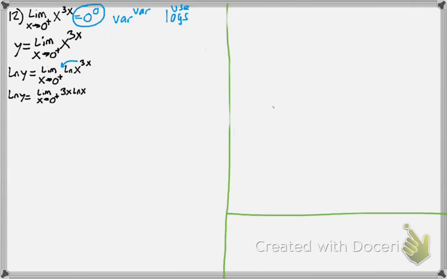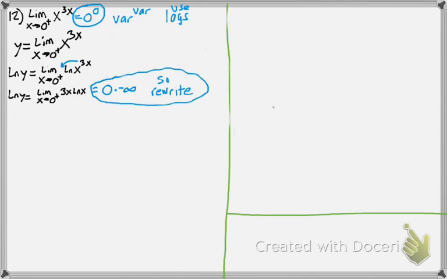So if you plug in 0, this is equal to 0 times negative infinity. If you approach 0 from the right of ln of 0, then you'll get negative infinity. So when it's this form, we want to rewrite it similar to how we did on some of the previous problems.